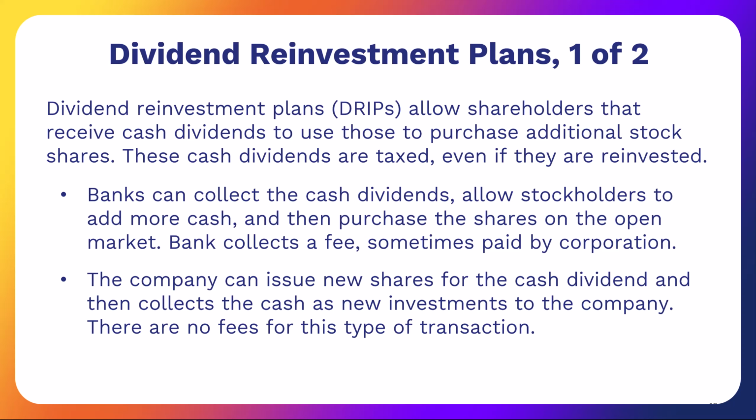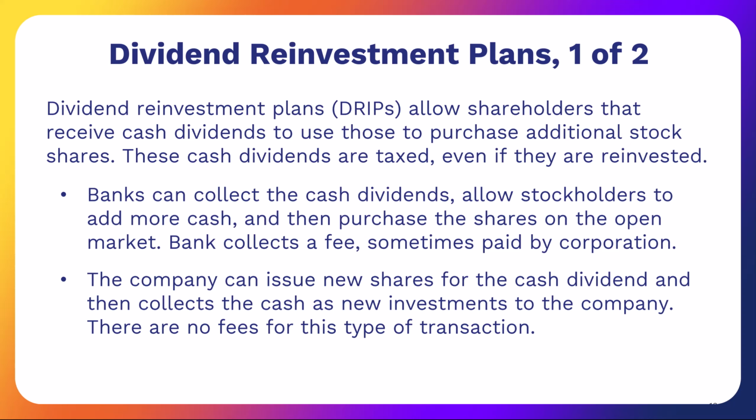A dividend reinvestment plan allows shareholders to automatically reinvest their dividends to purchase additional shares. Many blue chip companies offer what are referred to as DRIPs, dividend reinvestment plans, to help long-term investors compound their returns.